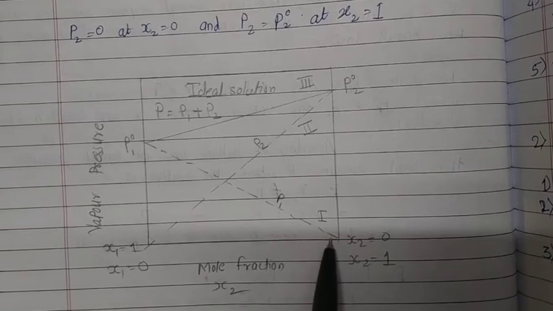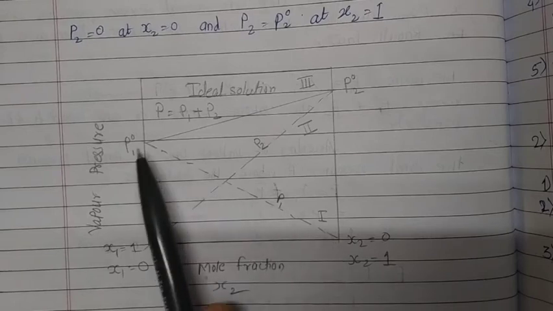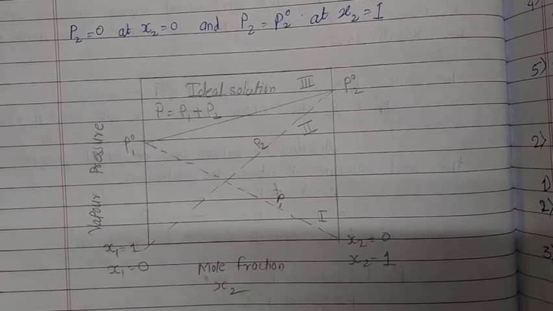The straight lines pass through the origin, which means this behaves as an ideal solution.